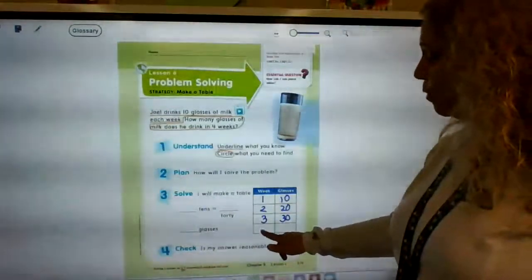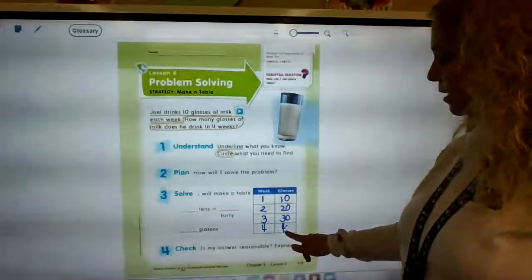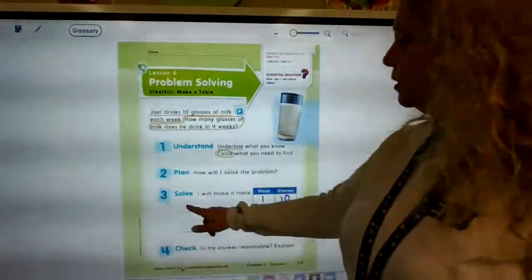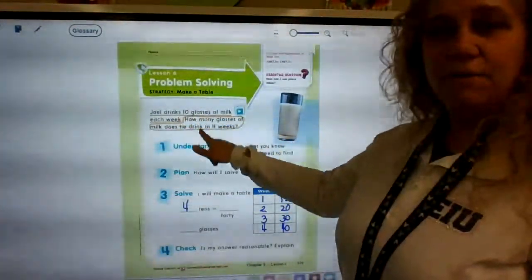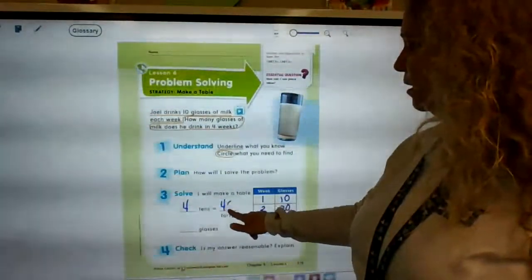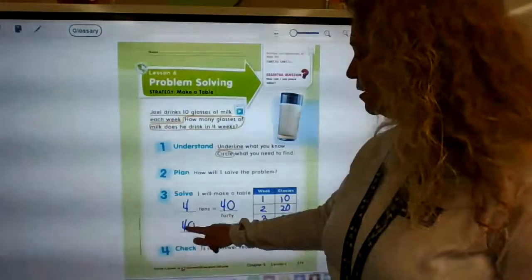And by week 4, he's drank 40. So 4 tens, because 4 weeks of 10, 4 tens equals 40. And so he's drank 40 glasses of milk.